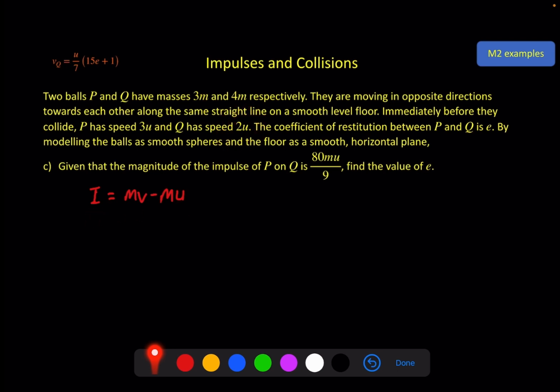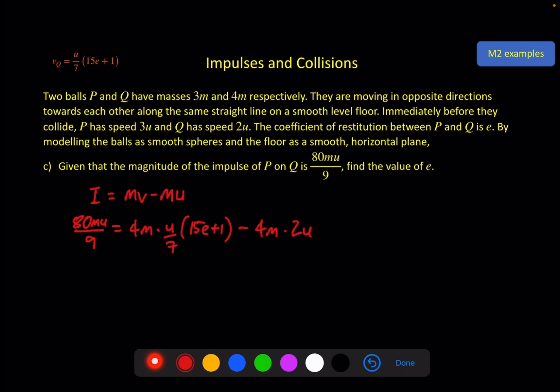Putting those in here, together with this information, I can say that 80mu over 9, the impulse, must equal the mass. We know the mass of Q is 4m, times the final velocity, u over 7, 15e plus 1, minus the mass, 4m again, times the initial velocity, which was 2u.